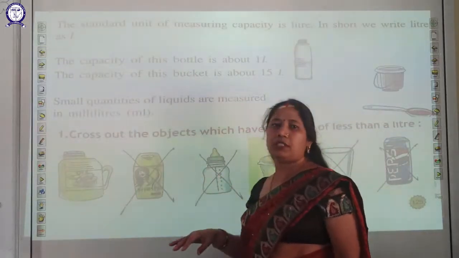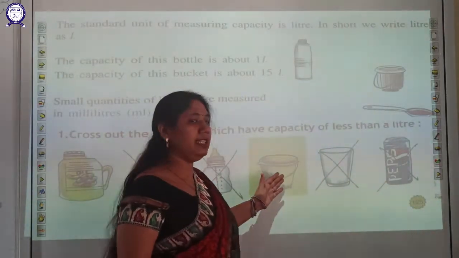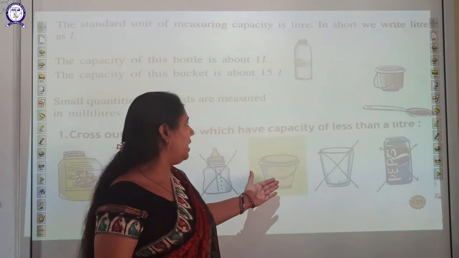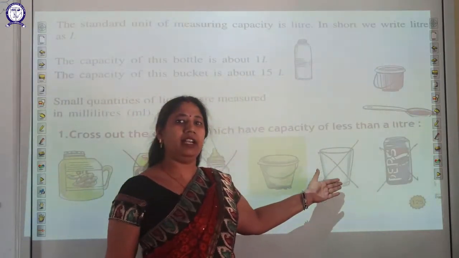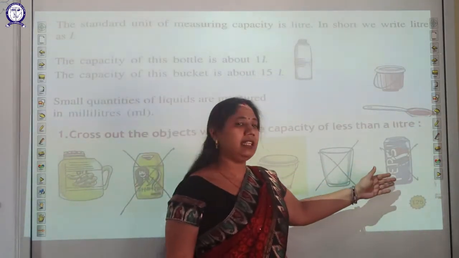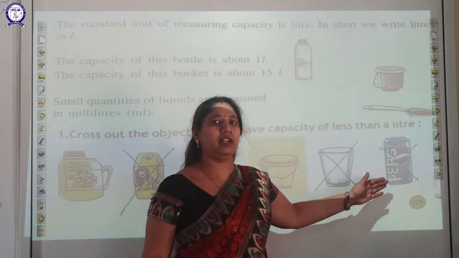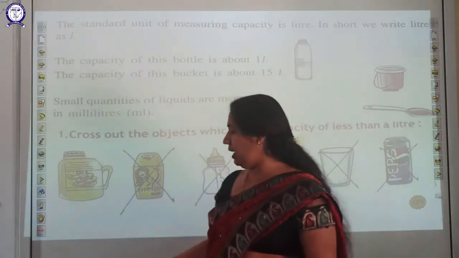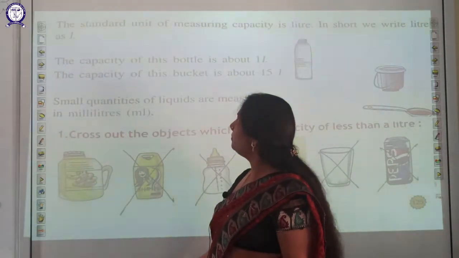This is more than 1 liter, this is less than 1 liter, so cross it. This is also less than 1 liter, so you have to cross these containers.